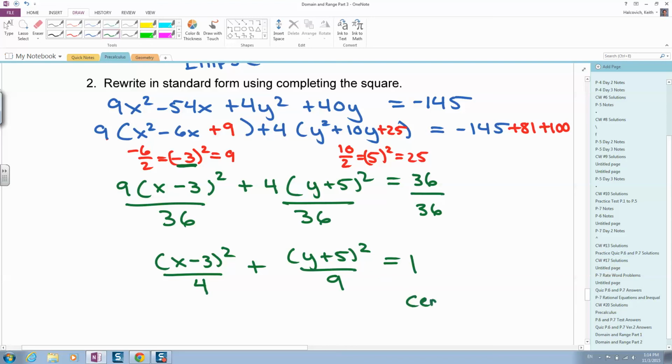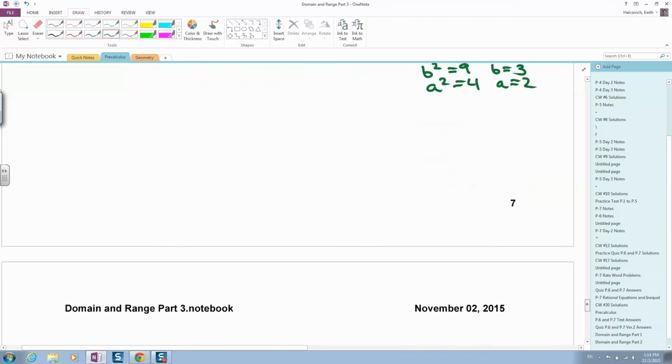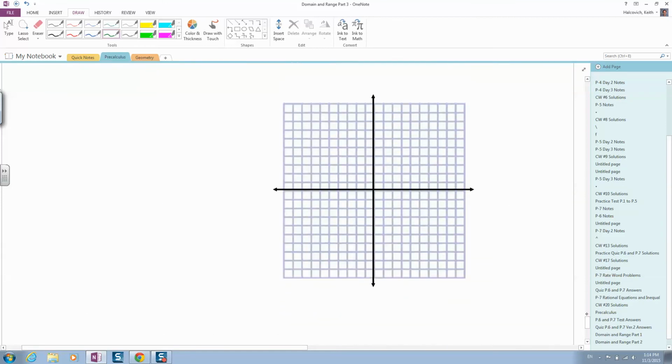The center, remember, is (3, -5). And then my b term is the square root of 9, which is 3. And my a term is 2. So when I graph it on the next page, my center is (3, -5). And then my a term is 2.